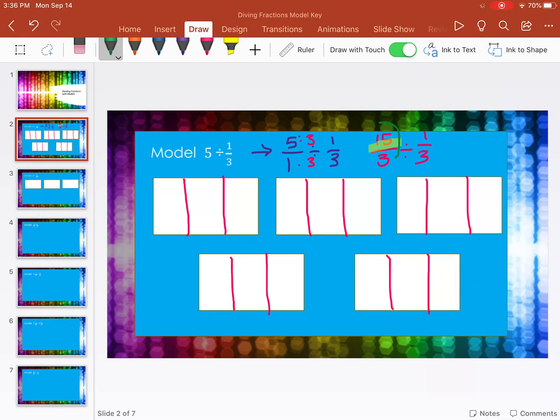Okay, so I always draw this number, and then I'm going to group by the top of the second fraction. So I'm grouping by whatever the top of the second fraction is. Here, this is one group because there's 1/3 right there. Here's another 1/3. Here's another 1/3. So there's already 3 pieces right there. Keep going, keep grouping by 1.